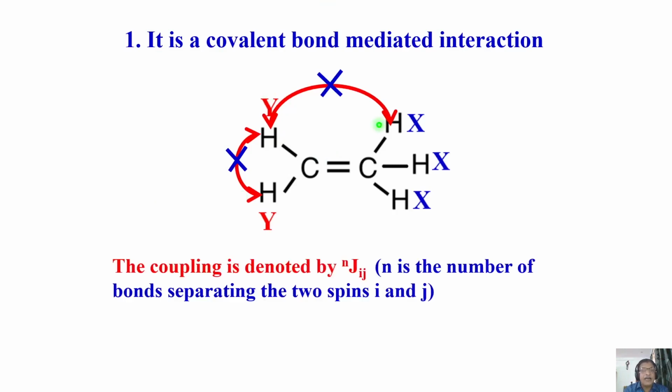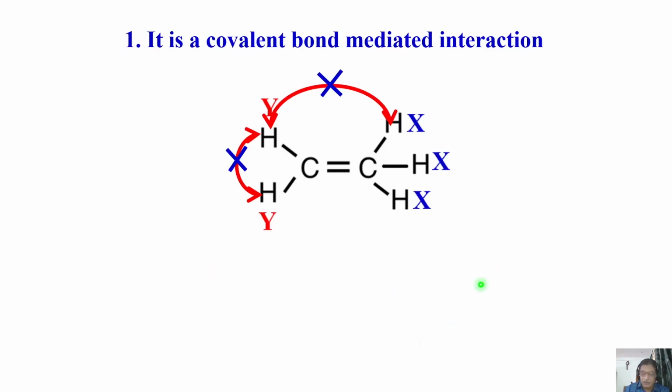Now, the coupling is always denoted by nJij. N is the number of bonds separating two spins. I and J are the two interacting spins. Now we'll go back to this example. This proton is coupled to this.